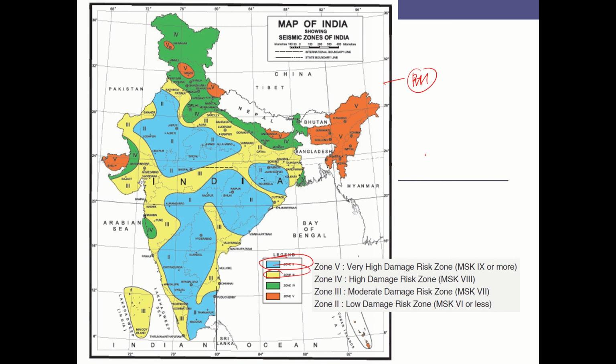These are primarily based on building physics: how a building works, how it is constructed, how the materials are used, what kind of structures are being done. Using this, the map is prepared.